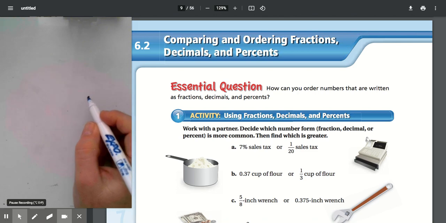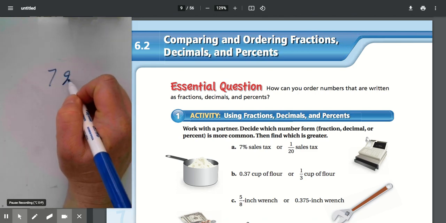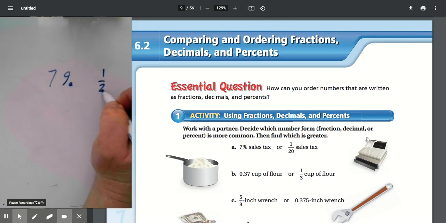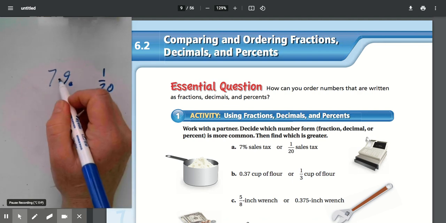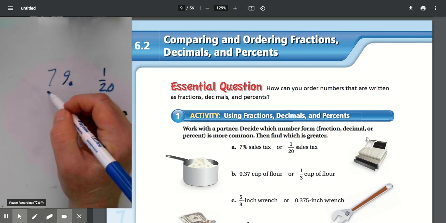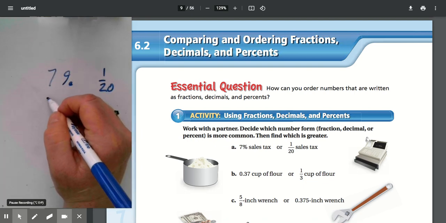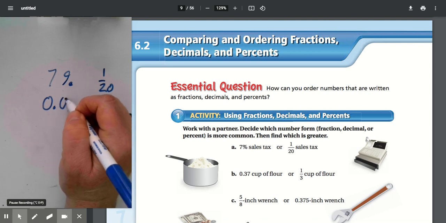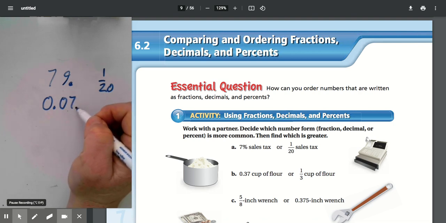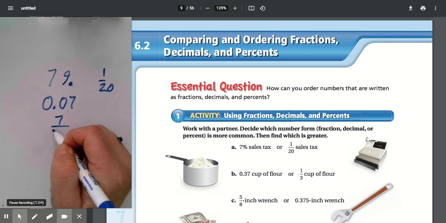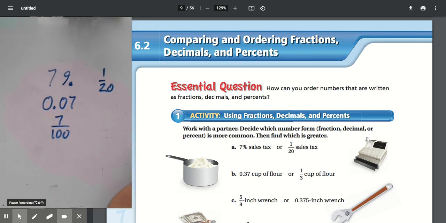So for our first example over here, we have 7% and we have 1/20th, right? So we have to put them in a common form so that we can compare them. So if we were to put this as a decimal, it would look like this, 0.07 or 7/100ths, right? So let's rewrite that in fraction form if you want to compare them as fractions.